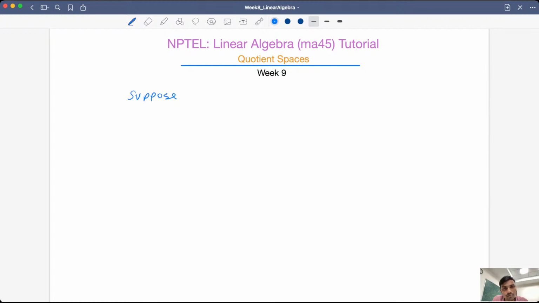Suppose V is a vector space over a field K, and U is a subspace of V.